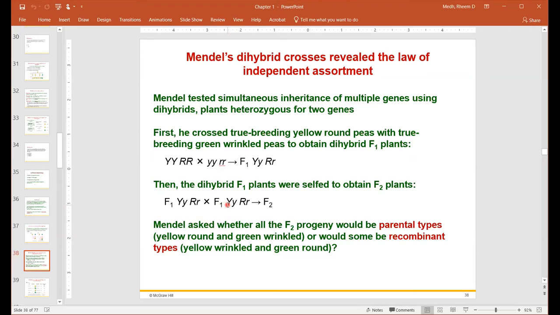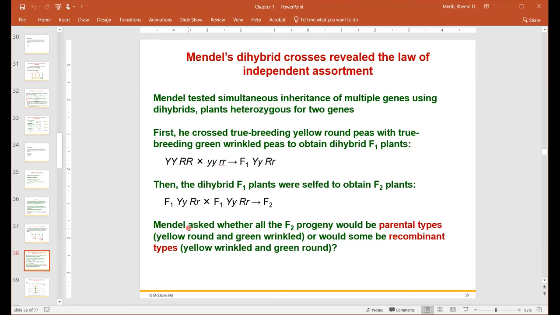My screen is not large enough, and this one is yellow and wrinkled. This one is green, round, and this one is green, wrinkled. Okay? Everybody see this?